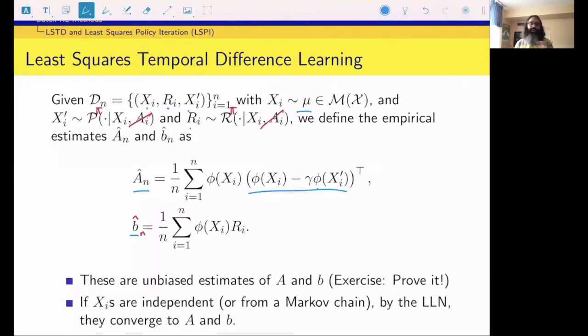So it would be a P by P matrix, and B hat n would be the same as we had before, the summation over i equal to 1 to n, the number of data points, of phi of x_i times the reward that we get. Intuitively these should be unbiased, and we can also show that these are unbiased estimates. So the expectation of A hat n is the same as A, and the expectation of B hat n is the same as B.